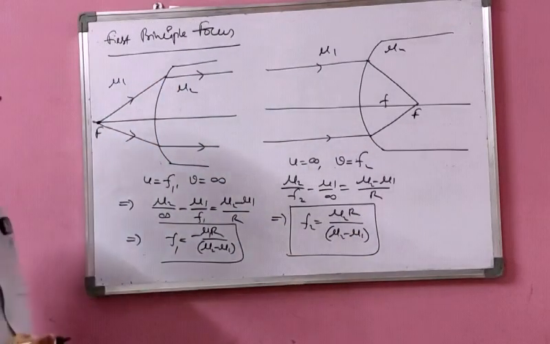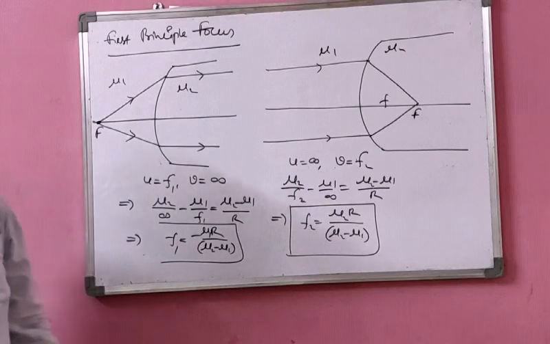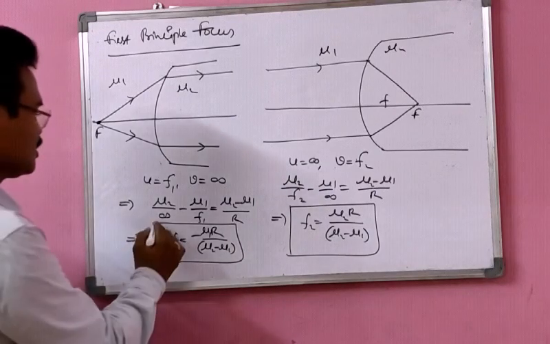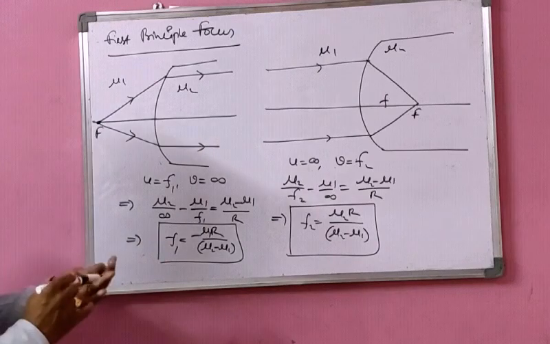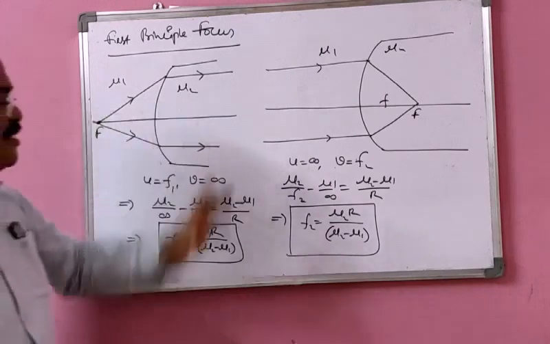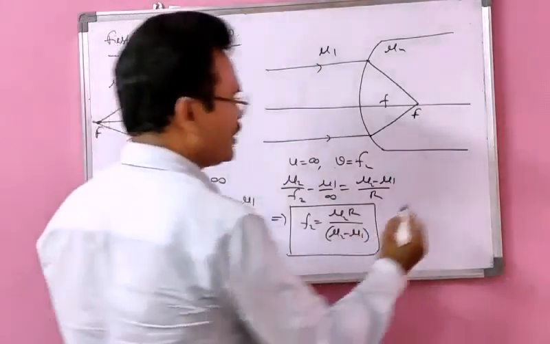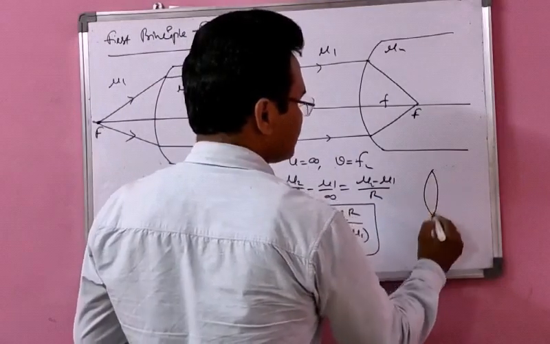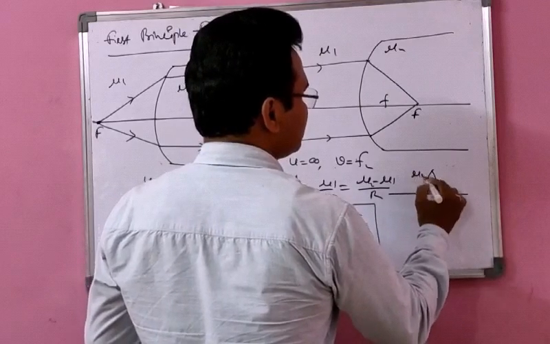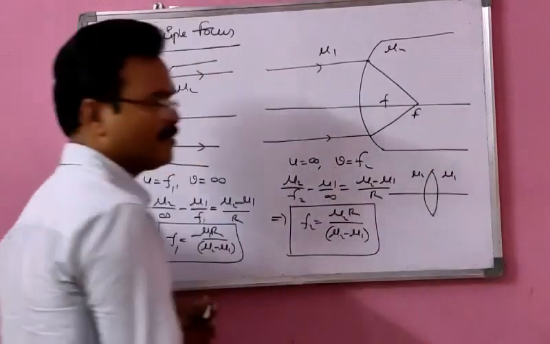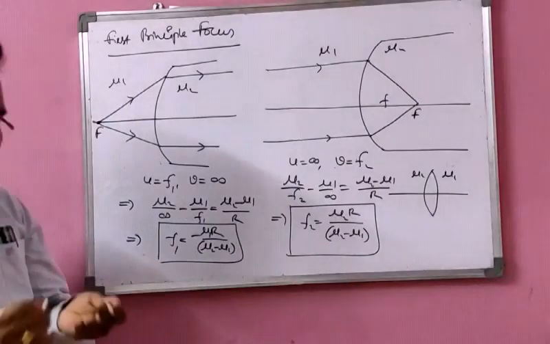So we got these two formulas, when the object is at a focus or the object at infinity. Suppose in the case of a lens, the lens looks like this, and on either side the medium will be the same except the medium of the lens.